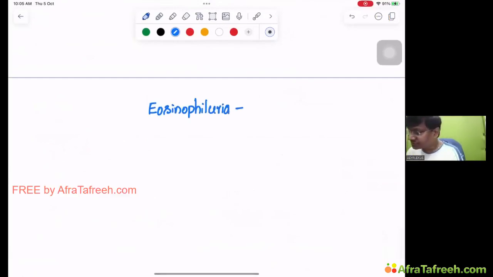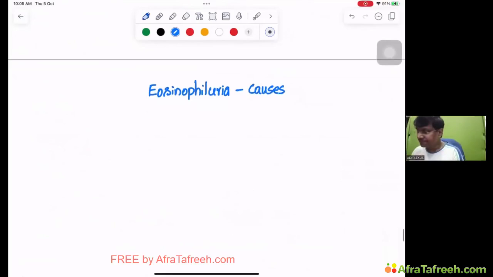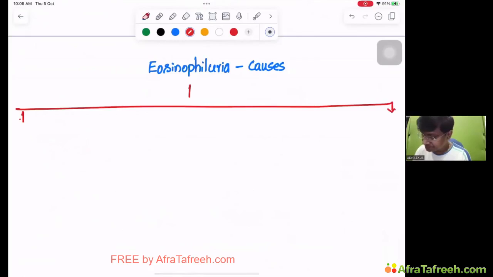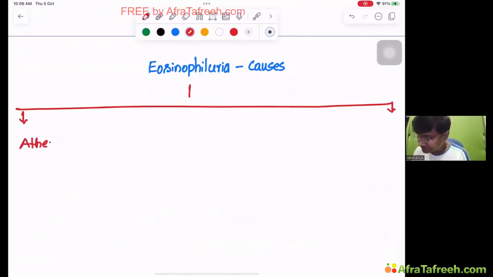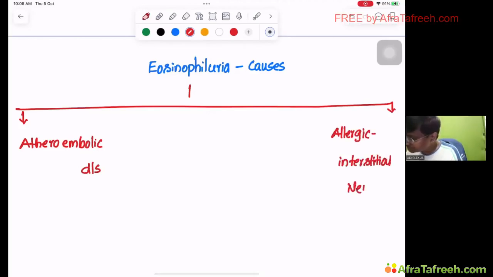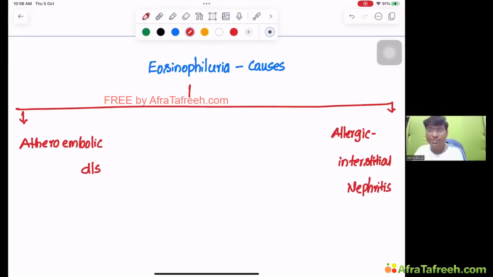What are the causes for eosinophiluria? The causes include atheroembolic diseases, and then allergic interstitial nephritis. So these are the two conditions where you have WBCs, which are nothing but eosinophils, in the urine.